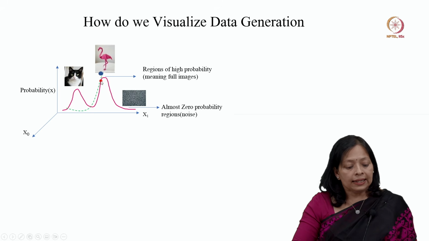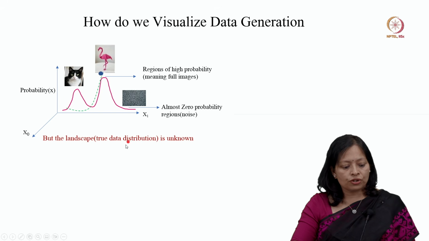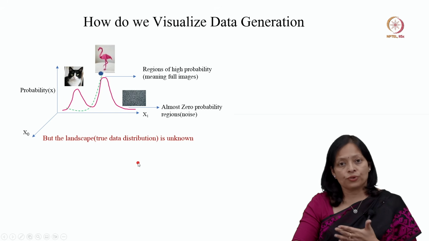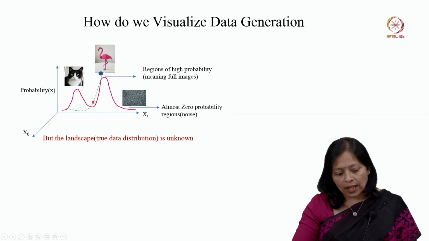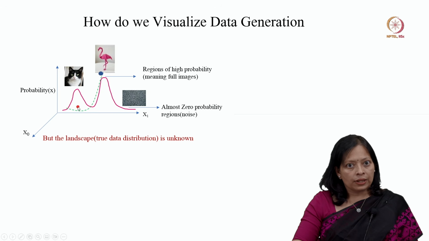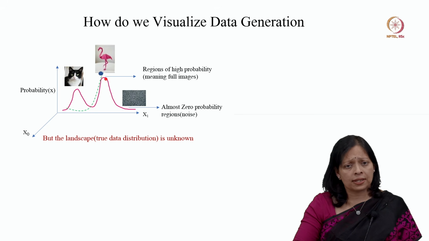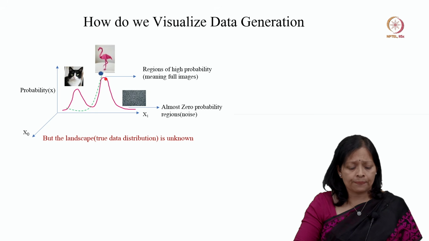Now, the problem is I do not know the landscape. The true data distribution is unknown to me. I do not know where exactly the peaks are, where exactly the regions of high probability are. So how do I navigate my path? I will be lost somewhere, and I will not be able to generate realistic looking data, which is a realistic looking image in this case.